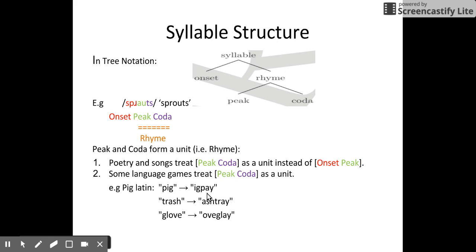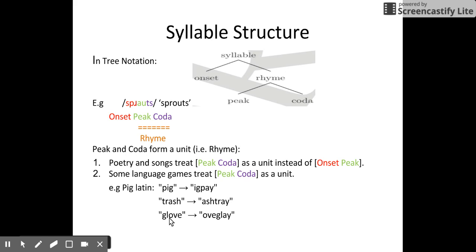Pig would be igpay. So you add ay at the end of the word. So ig is moved to the initial position, and then we've got igpay. And then we have trash, ashtray. So you see we move the whole coda to the initial position, ashtray.